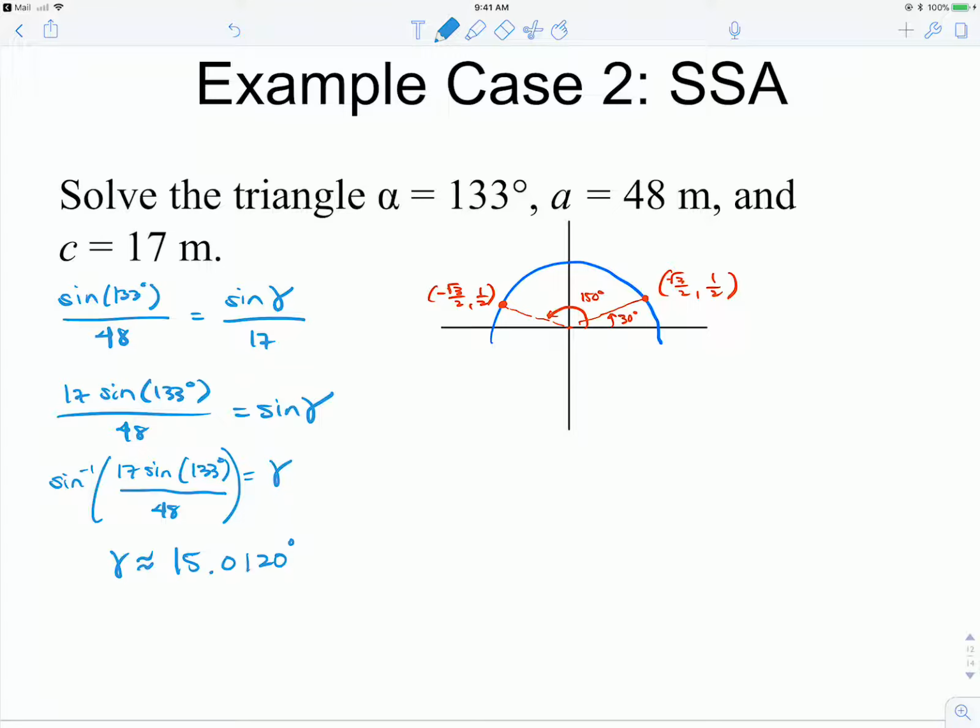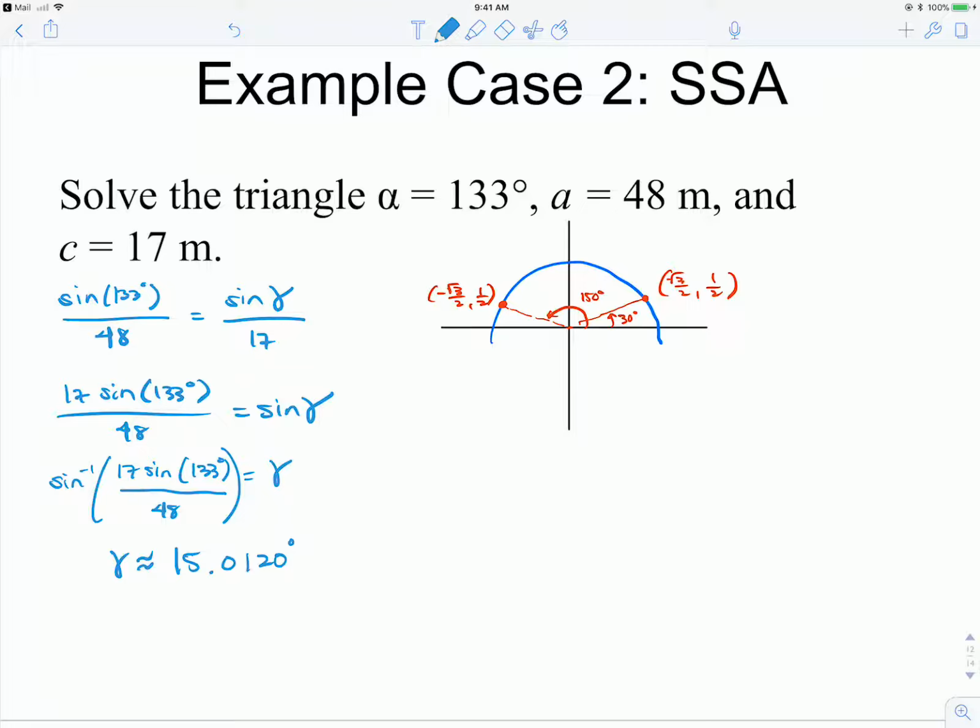Now, we need to test to see, because triangles can have obtuse angles. In this case, notice that the angle that's given is obtuse. So this is actually an indicator that there is only one triangle, because a triangle can't have more than one obtuse angle.